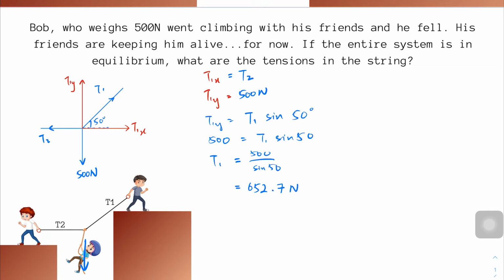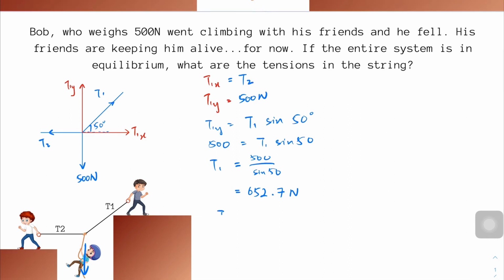So using this information, I can now get what T1x is. Again, T1x is the adjacent line in this right angle triangle. So T1x is equal to T1 cos 50 degrees, and that is equal to 652.7 cos 50.